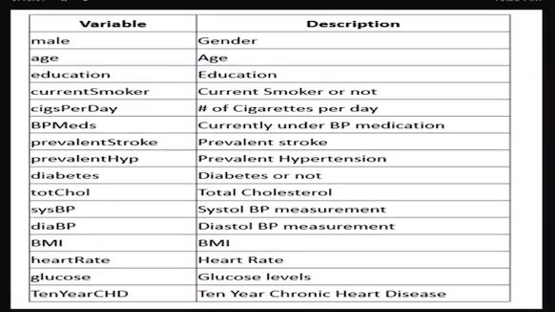Male, you have information about age, education, whether the person is a smoker or not, number of cigarettes. You have all of this in your data, and you don't know what the structure is going to be. Maybe the expert doesn't really know the interrelationship among them, and you want to figure it out yourself using R.